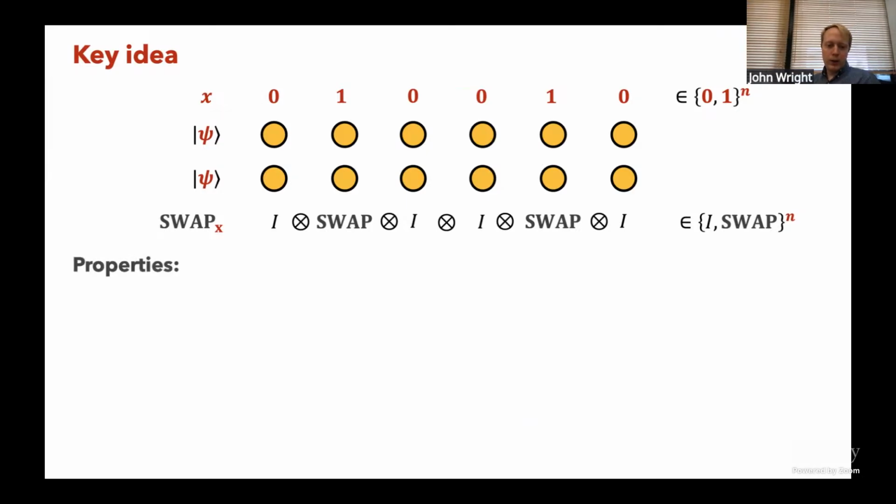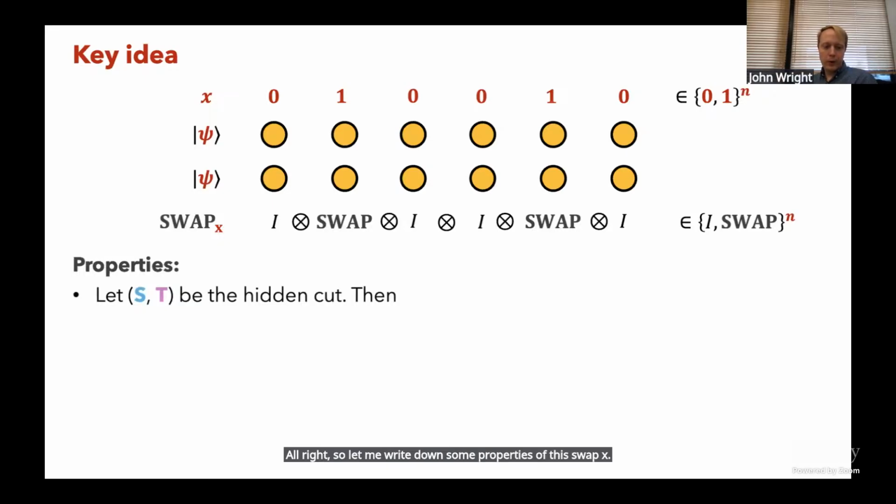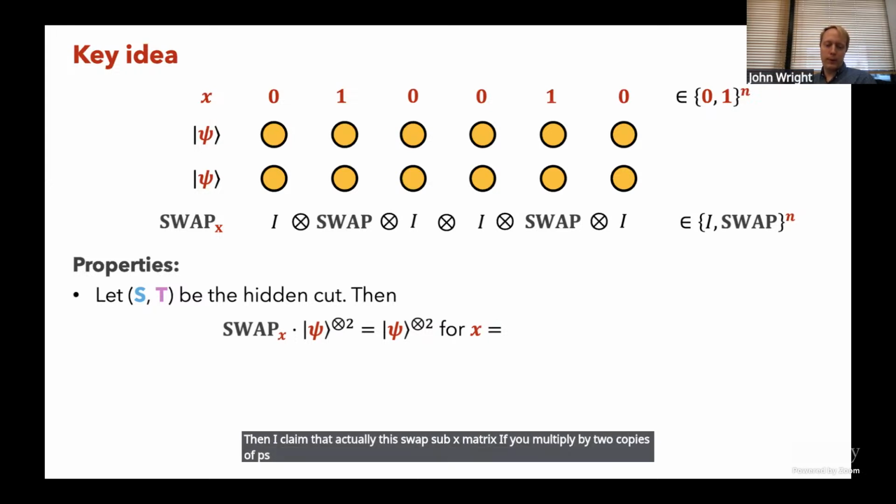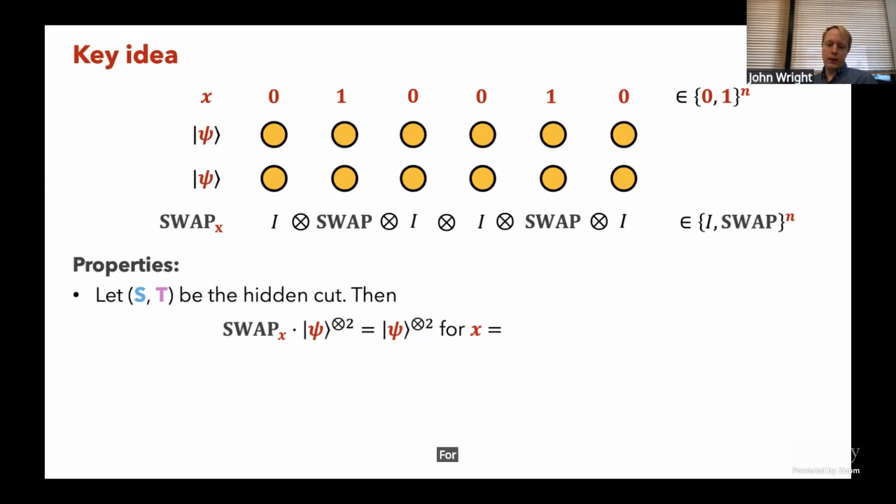All right, let me write down some properties of this swap x. First, let S, T be the hidden cut. Then I claim that if you multiply this swap sub x matrix by two copies of psi, you get back two copies of psi for a few nice settings of x.